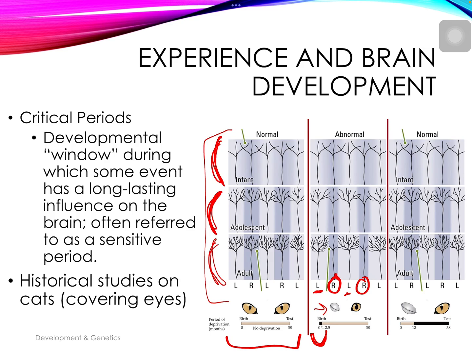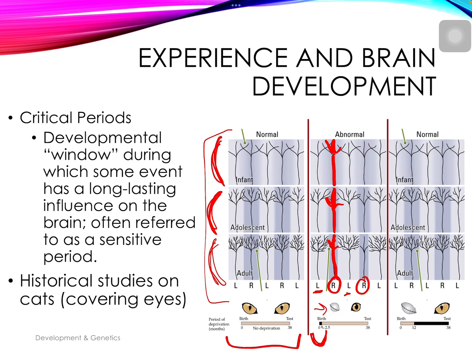You see here that these neurons in adolescence and adulthood look very much like the very early neurons from before they were covered and before their eyes even opened.